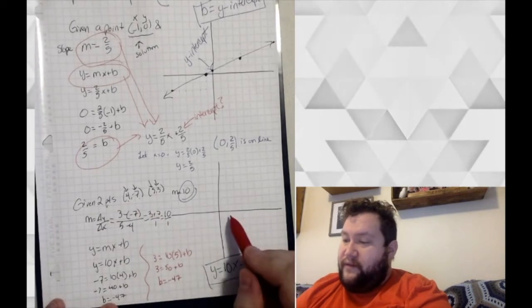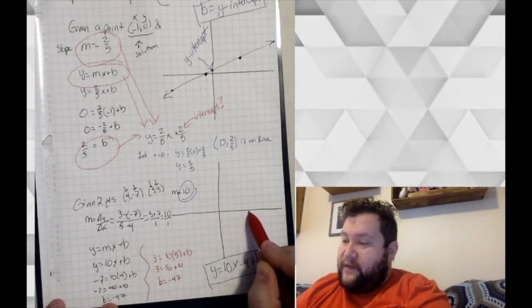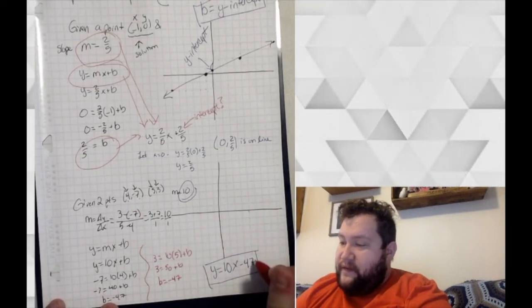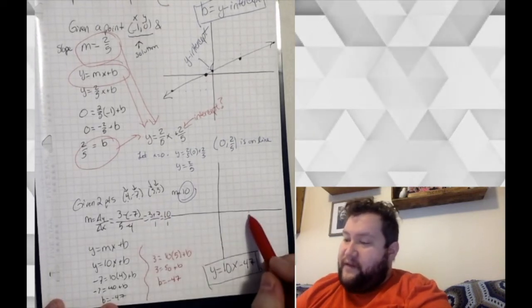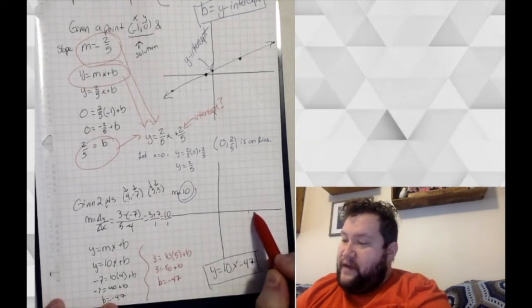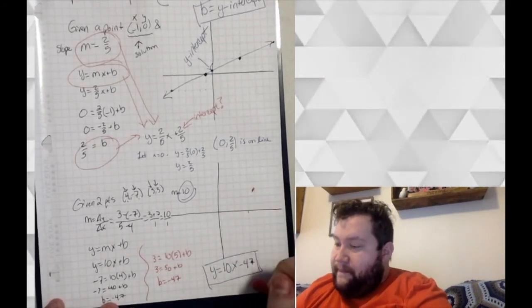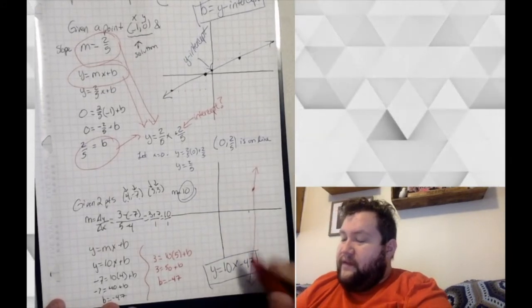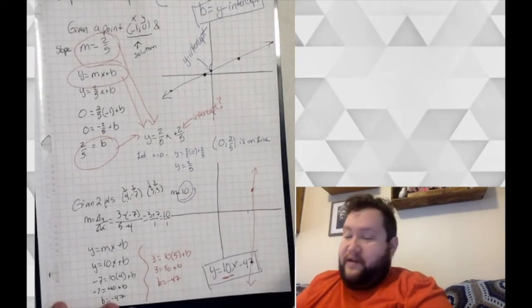X equals 4. 1, 2, 3, 4. Negative 7. 1, 2, 3, 4, 5, 6, 7 right there in my equation. And 5, 3. So we had 4, 5, 1, 2, 3. And so notice how with this 10, from left to right, it's really increasing.